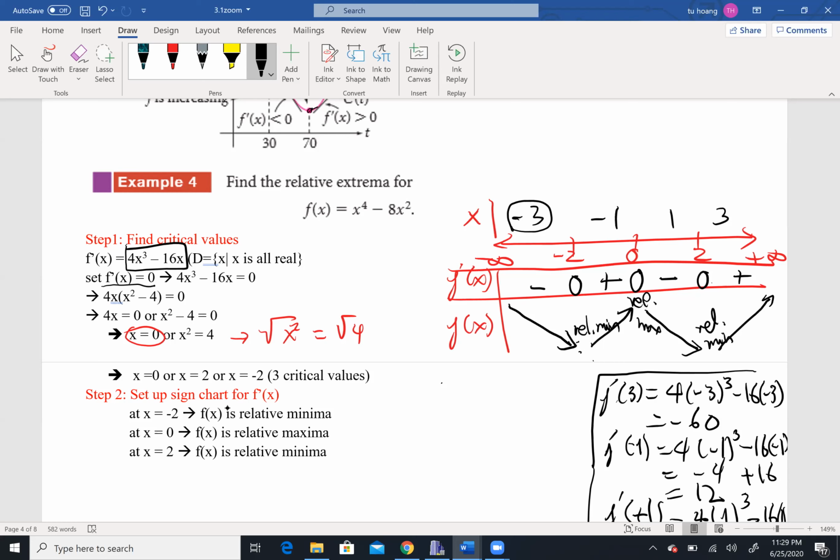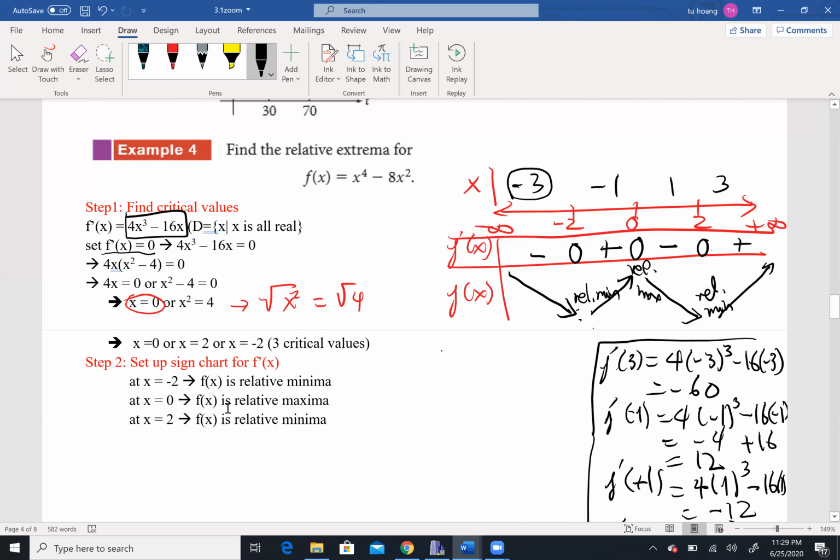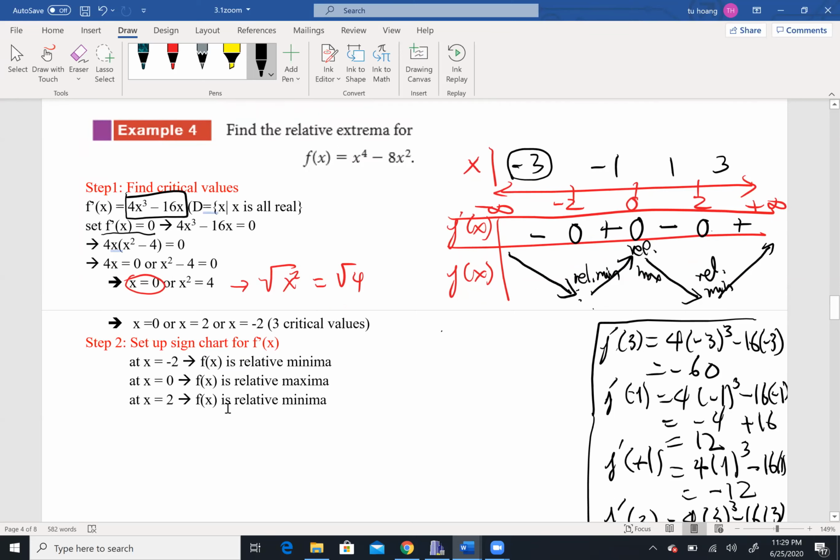Okay, so now, after having step 2 already with the sign chart, I'm gonna go to step 3, which is make a conclusion.